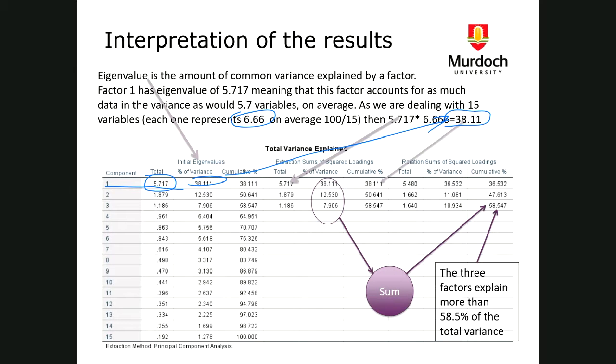Let us move to the second factor. The second factor has an eigenvalue of 1.879. If you multiply it by 6.66, I want you to do it, use your calculator, please, and tell me what's the result of 1.879 by 6.66.